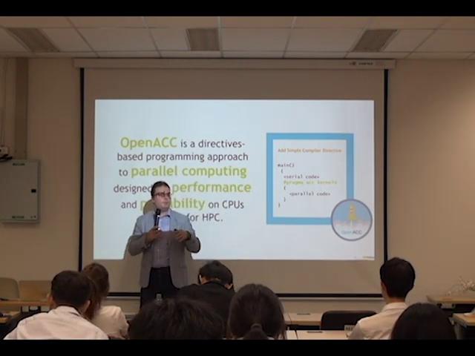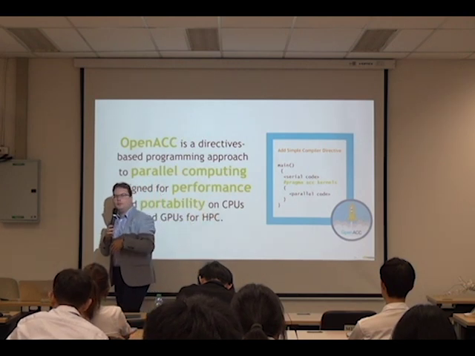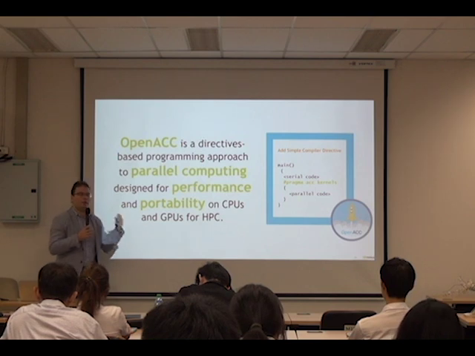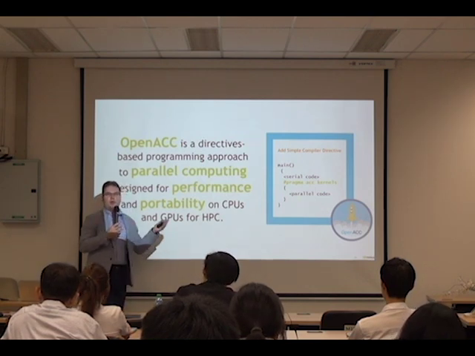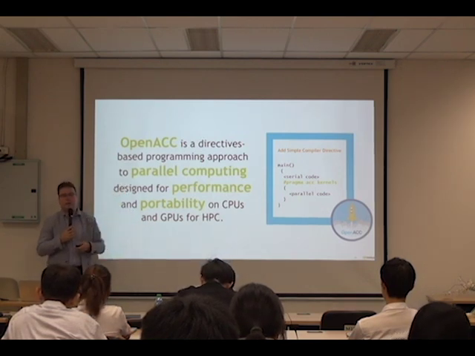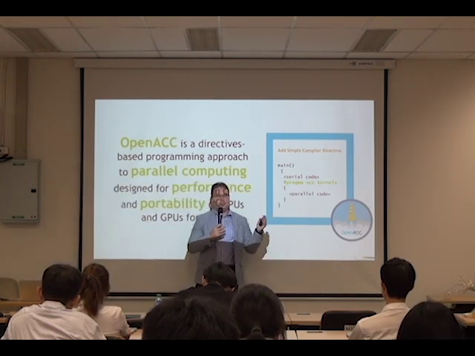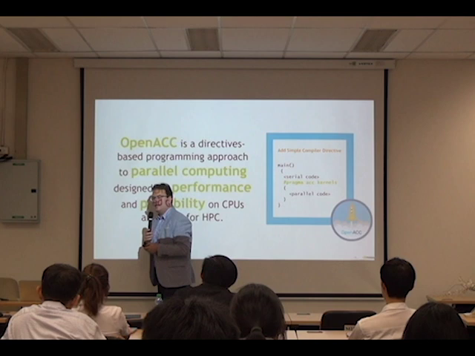That's the beauty of it. You can put those comments in your code, and if you compile with a compiler that doesn't understand them, it will just run as normal, on the CPU. But if you use a compiler that understands them, it will do the magic.